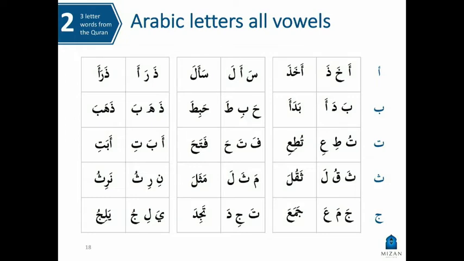If it's joined, then it's a lam. If it's not joined, then it's not a lam, it's an alif. It can either be alif or a hamza, because it can't be joined to the next letter. Most letters that have a tail, like a ra, a wow, assalamu alaikum, they won't be joined to the next letter.